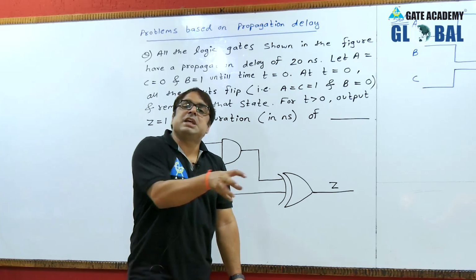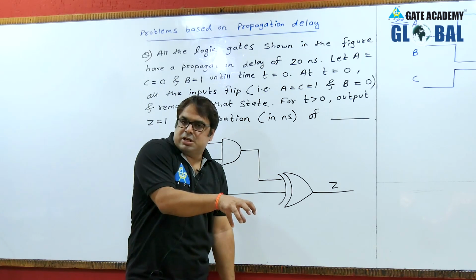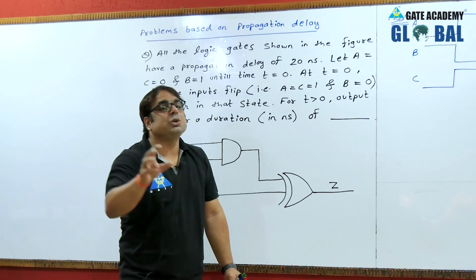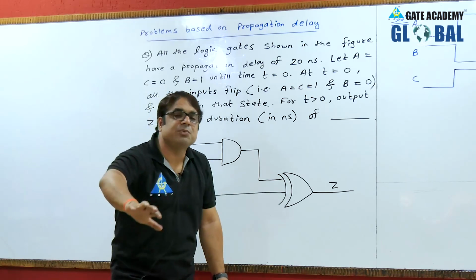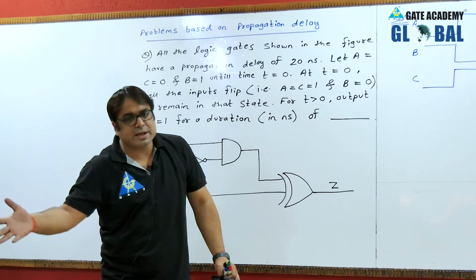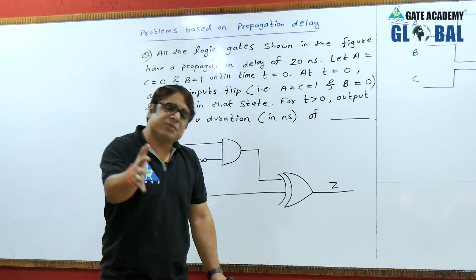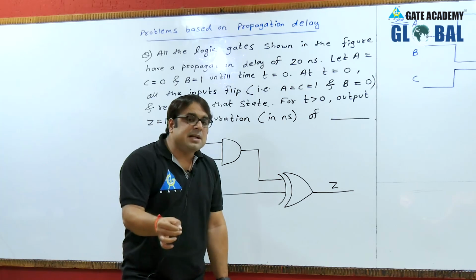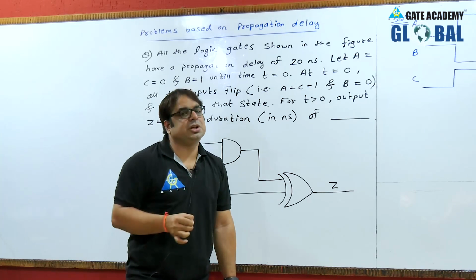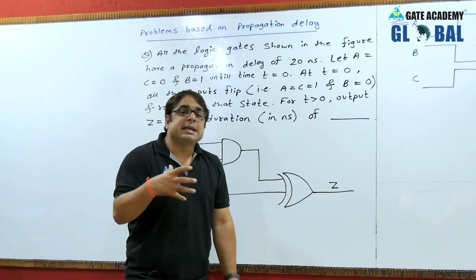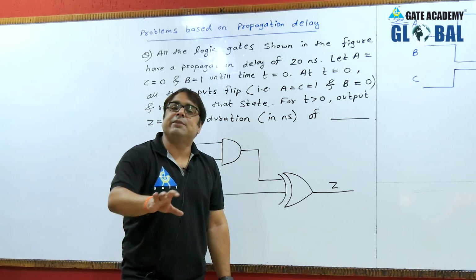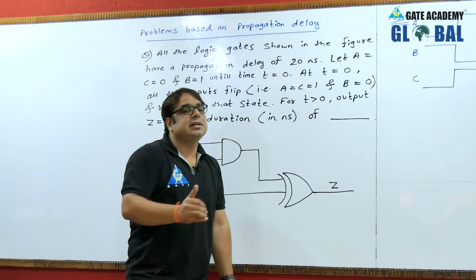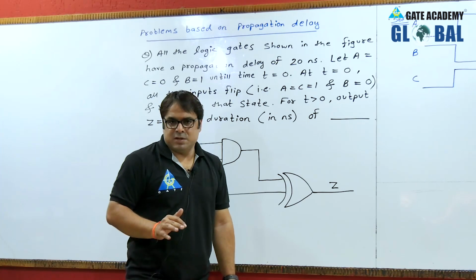Next, say you change the input values, maybe the total delay can change from 50 nanosecond to 60 nanosecond, or it may decrease from 50 nanoseconds to 30 nanoseconds. So the total propagation delay of a circuit can change. I am not saying it will always change, it can change on changing the input values.